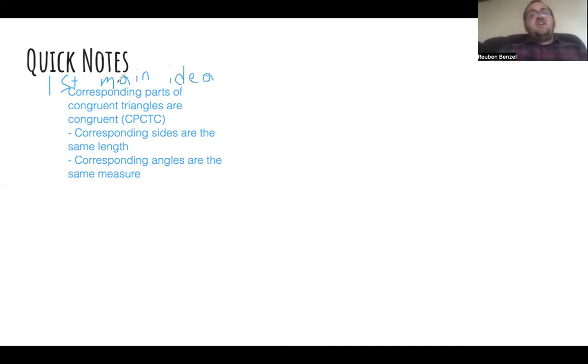And then the second main idea is the game plan for writing proofs over the next few weeks. And our game plan is going to be as follows. First, you're going to look at given information.